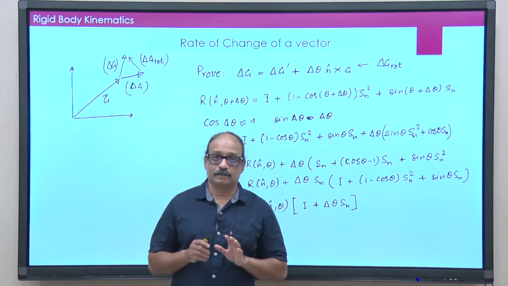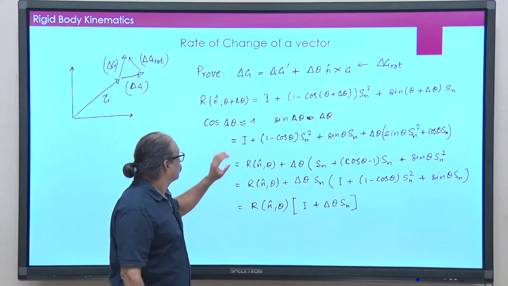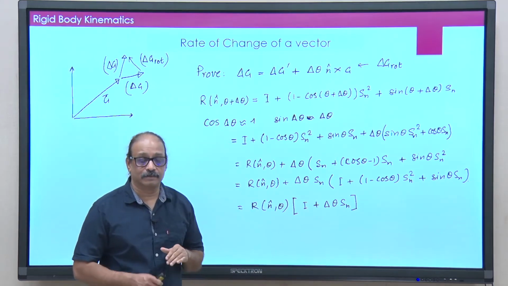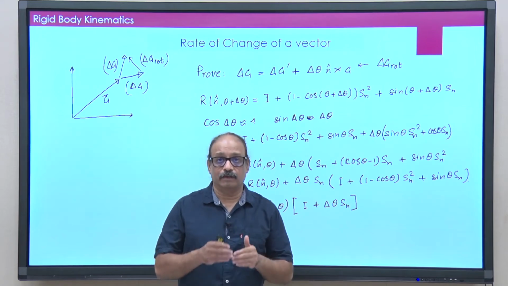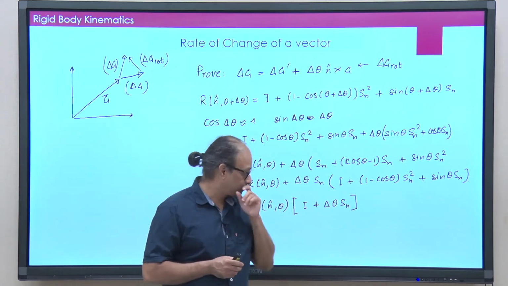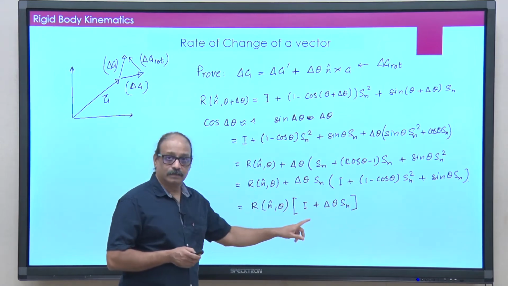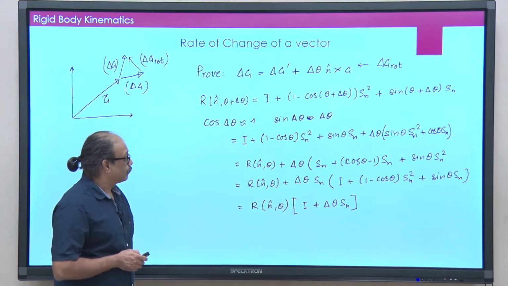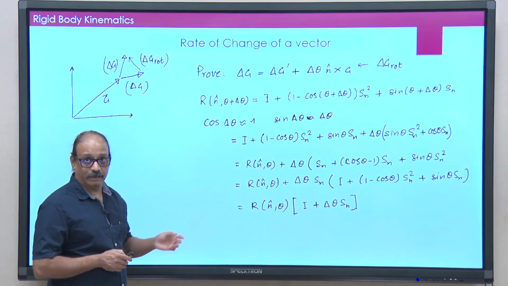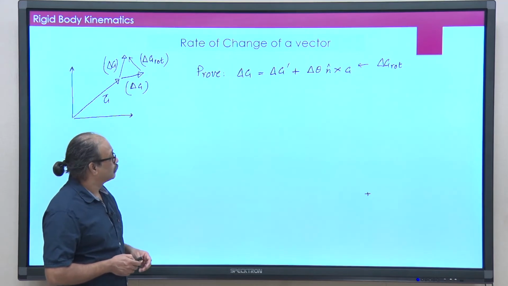So, this is what you would get. This is the change that happens in the rotation matrix itself. Fine. So far so good. Now, let us use this in our identity. So, there you go.